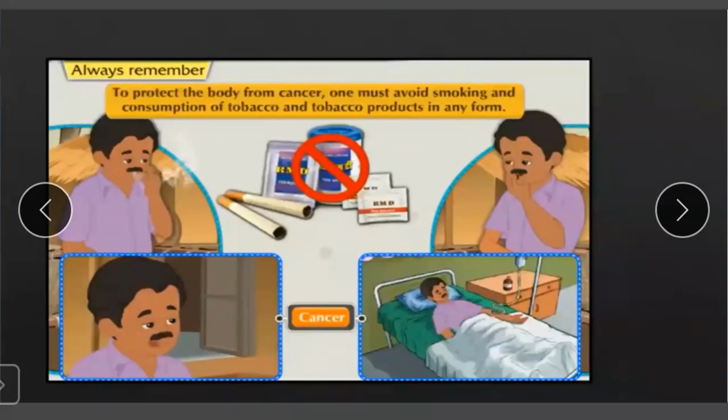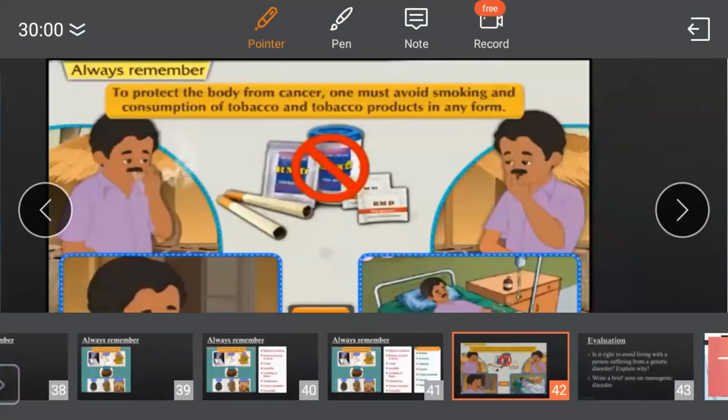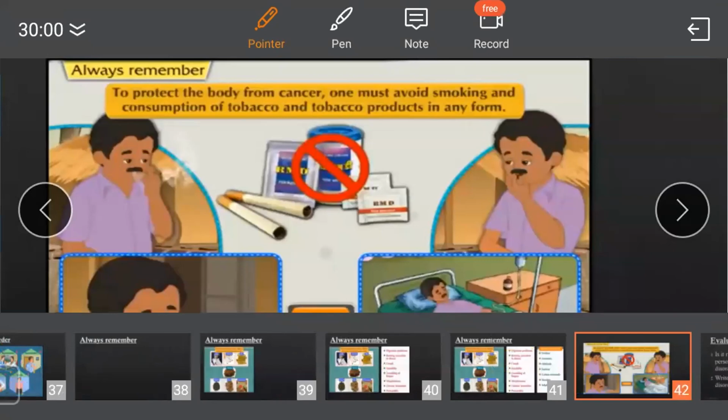So please avoid all these bad addictions, smoking, taking tobacco and all. If you find anyone, you should explain to them why we should not be in these addictions. So this is all about today's topic, and by this we have ended this chapter.